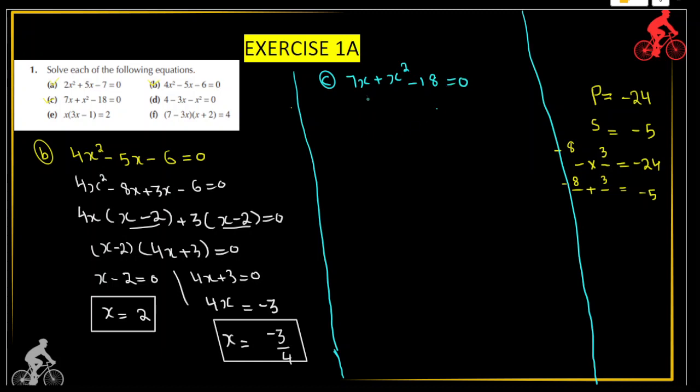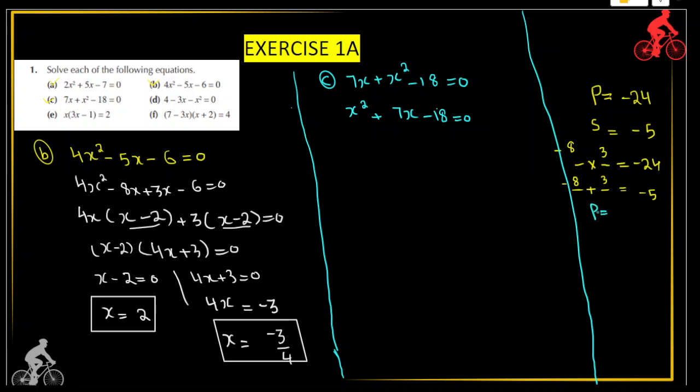First of all, we have to rearrange this in the standard form: x square plus 7x minus 18, and the same thing, we have to determine the product and sum.